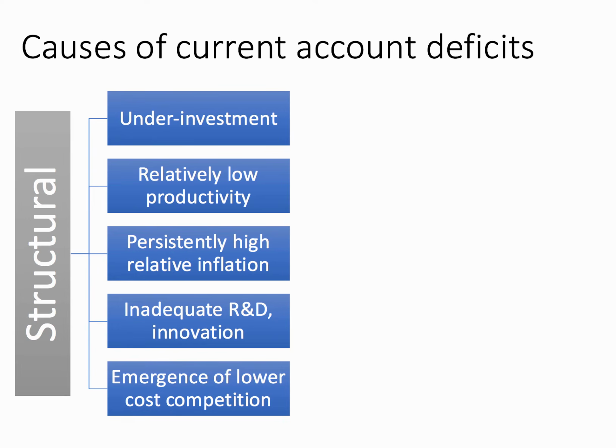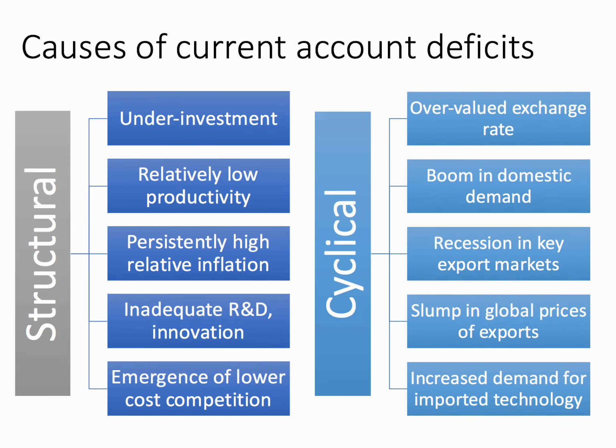And it can often be the case in the long run that current account deficit is the result of the emergence of lower unit labour cost competition. So we may see a shift of manufacturing to those nations and a loss in export market share for the higher cost countries. So these are structural causes.